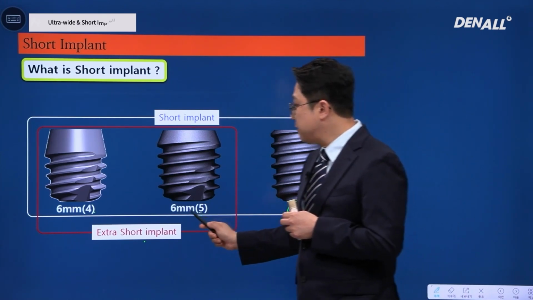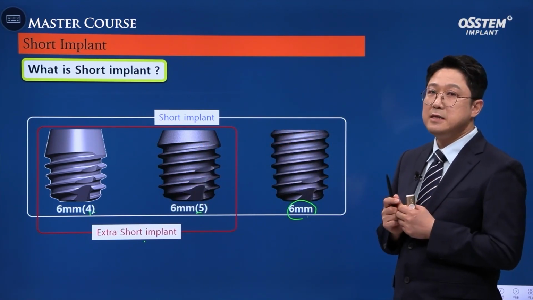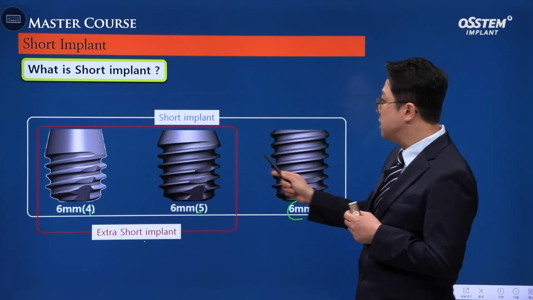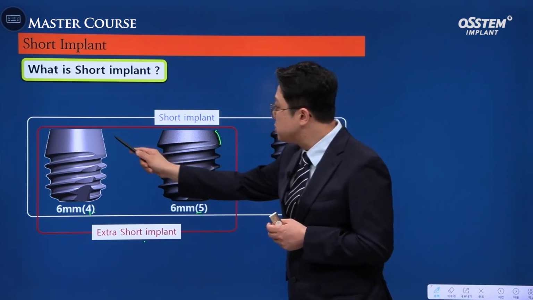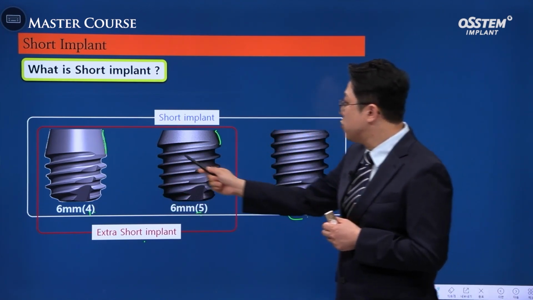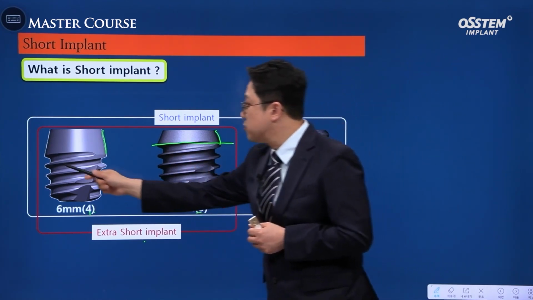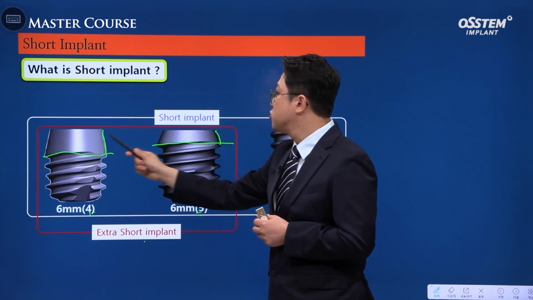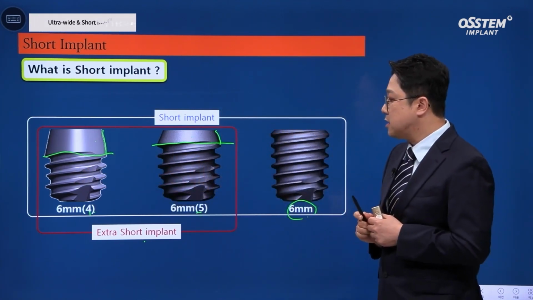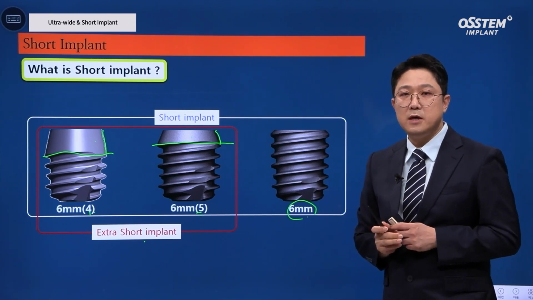Therefore, in the case of extra short implants, the entire length is not 4 mm or 5 mm. There's a bevel, and the entire length is 6 mm. Up to this point is where the implant is embedded in bone, and this area is in contact with soft tissue. Therefore, in this way, 4 mm and 5 mm implants are available.